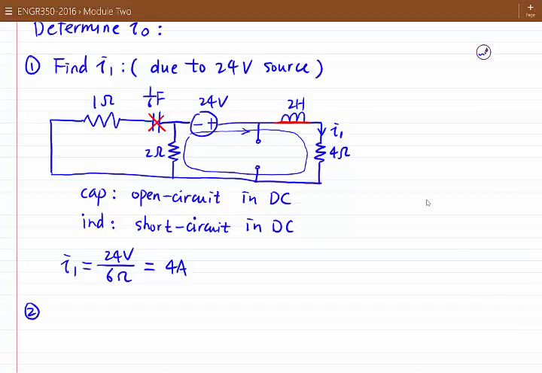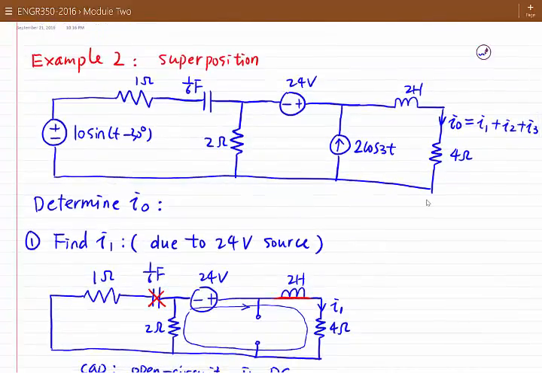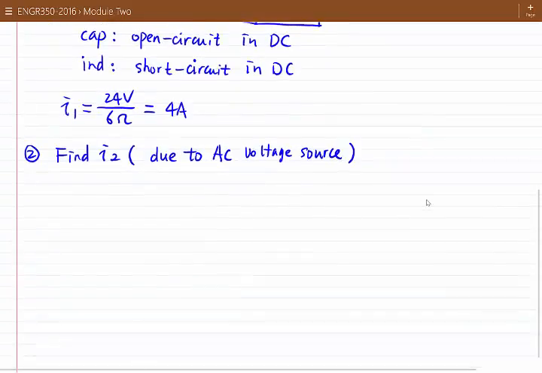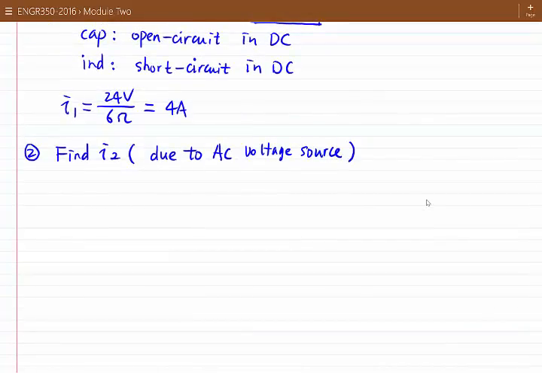In step 2, we want to find out I2. So I2 is the current due to the AC voltage source only. That means we only apply the AC voltage source, and we turn off the DC voltage source and the AC current source. So let's draw the circuit topology.